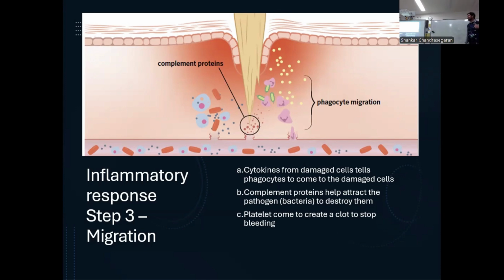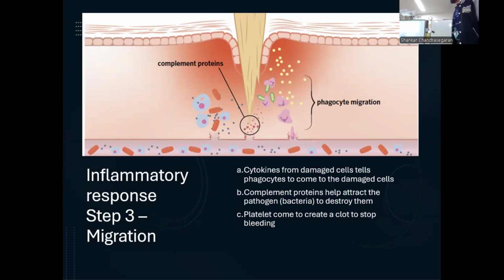Your phagocytes, your natural killer cells, your eosinophils, and so on. They will all come to that region because of vasodilation, bringing them in, right? As soon as that happens, they will get triggered to combat the pathogens. They will also clear the debris as much as they can.